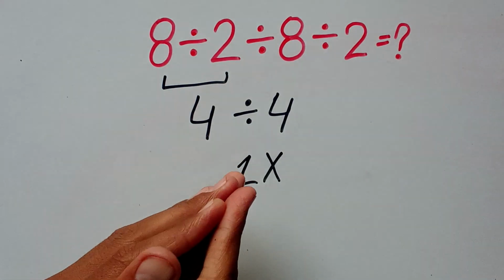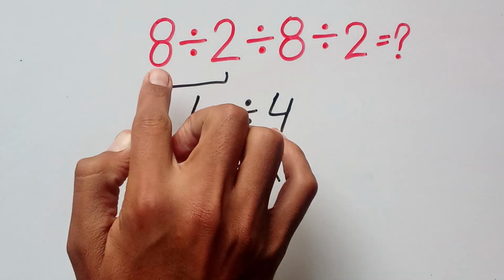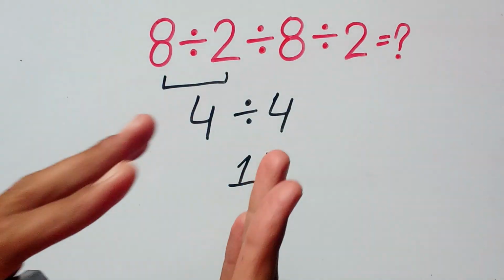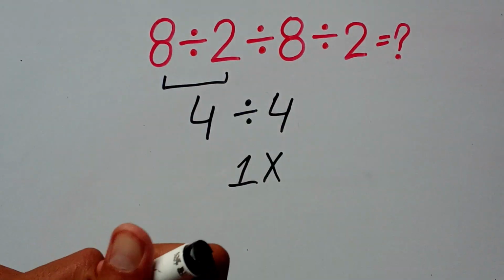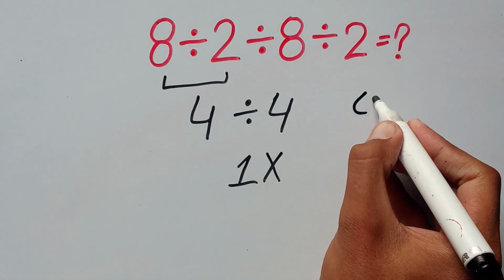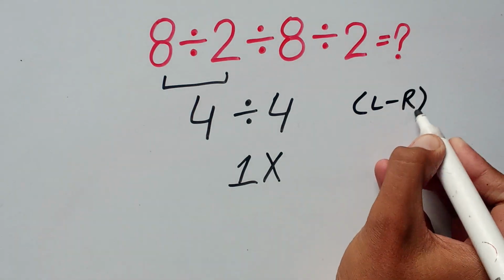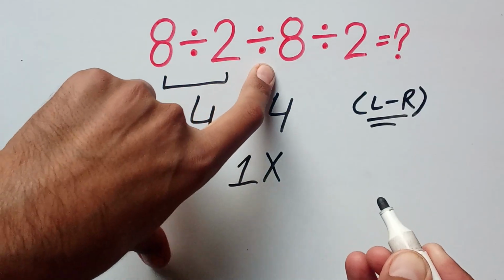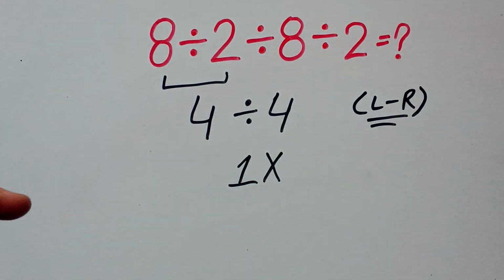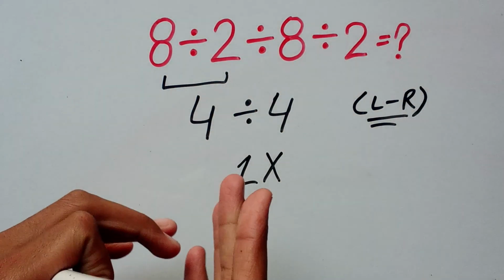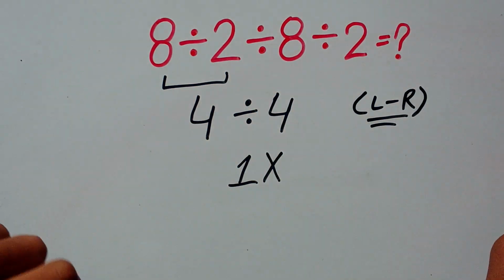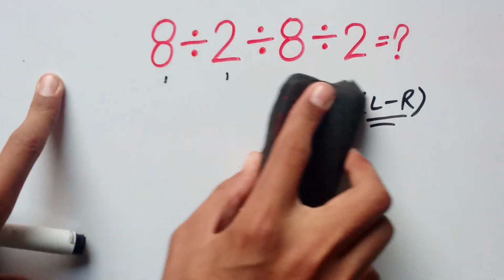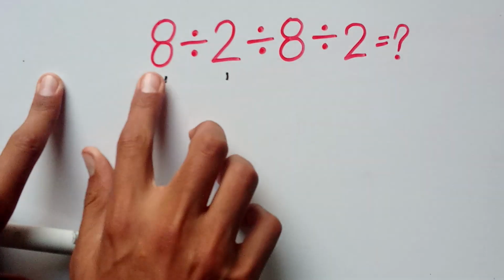According to the PEMDAS rule, whenever an expression has more than one division, we solve it from left to right. So first we solve this division, and after this division we solve the next division. Now I am going to solve this question by the correct method, so I remove this wrong method.